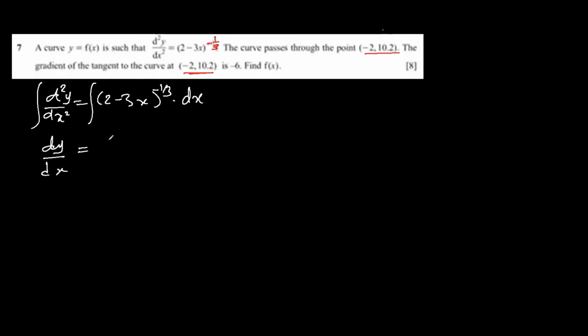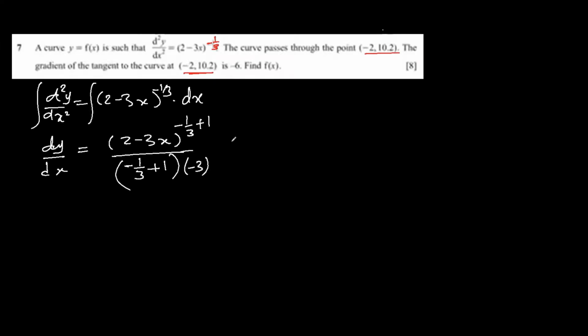Here it's a linear function, so it's good. There's no difficult thing in this. We'll just add 1 to the exponent and divide by the new exponent, but we also have to divide by the differentiation of the contents of the bracket. Differentiation of 2 is 0, differentiation of minus 3x is minus 3.